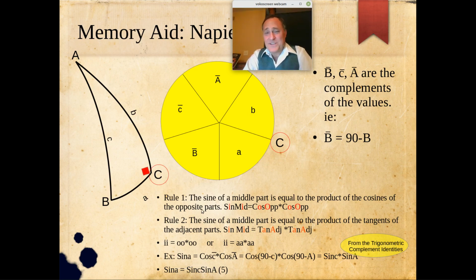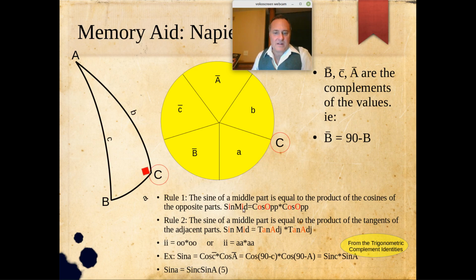I told you this was going to be torture, but for those of us who like mathematics, this can be fun. Rule number 1. The sine of a middle part is equal to the product of the cosines of the opposite parts.